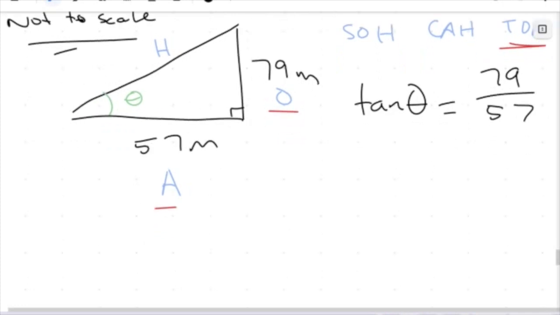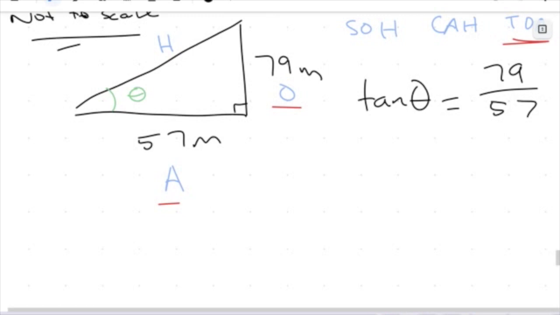Okay, so now that I have it written out like this, I can isolate my theta by taking the inverse operation of this tan. So my theta comes here, and remember we looked at this inverse operation in the past. I can get the tan to the other side by taking the inverse. Tan inverse of 79 over 57.